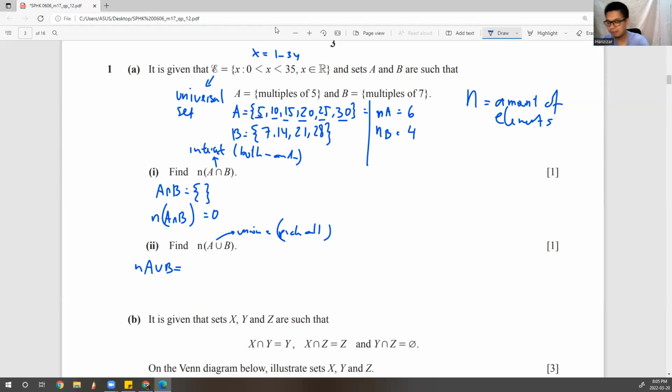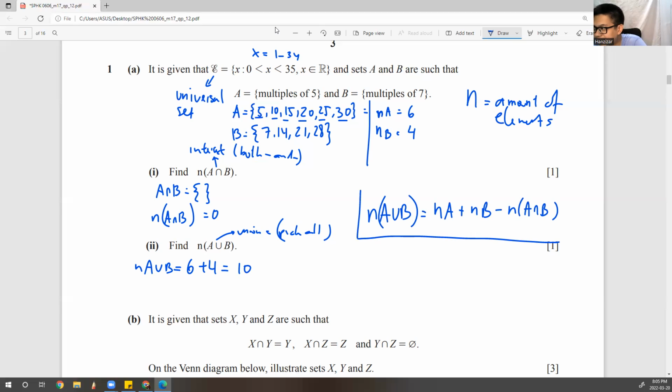They have no equal elements, so just add them up. Or you have the formula, by the way: n(A union B) is n(A) plus n(B) minus n(A intersect B). But since n(A intersect B) is 0, just add easily. So this is the main formula, the general formula.